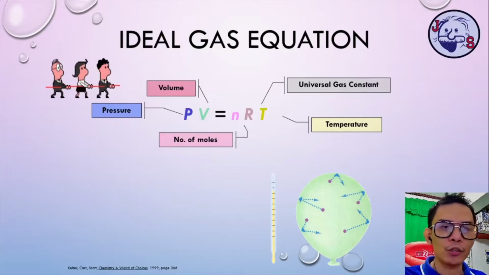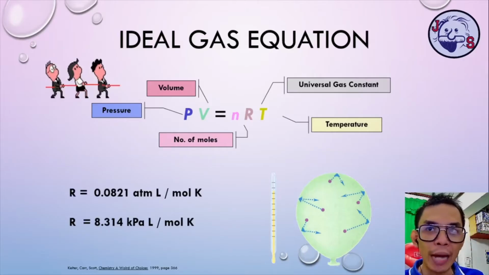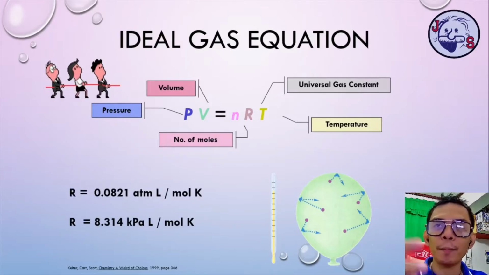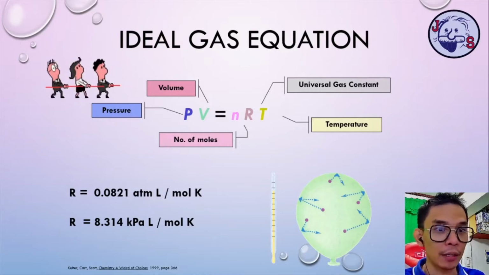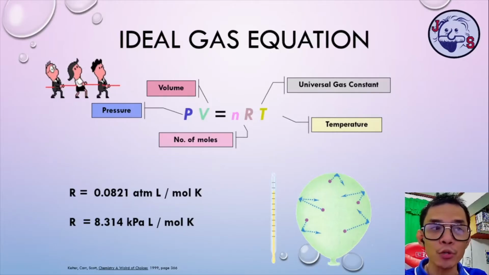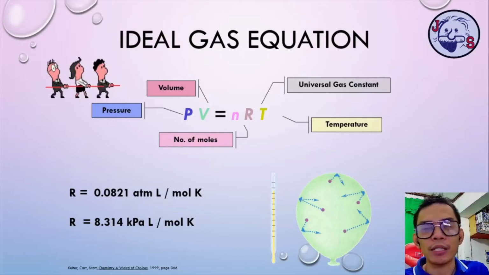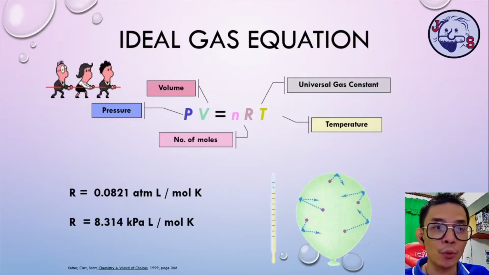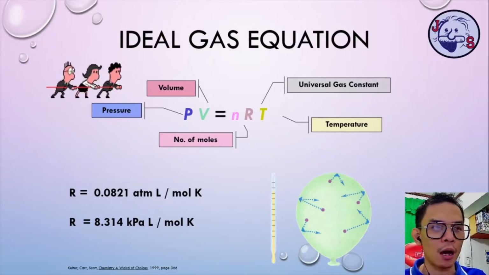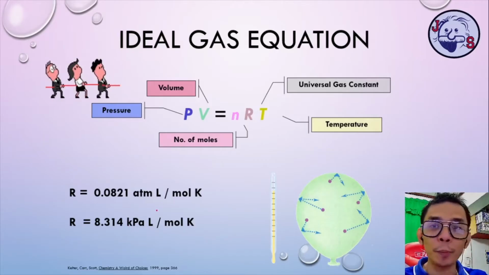Now, there is a value for that constant. We have 0.0821 atmosphere liter per mole Kelvin. Now, if you change the unit for pressure, for example, instead of using atmosphere, I am going to use kilopascal, the numbers are completely different.